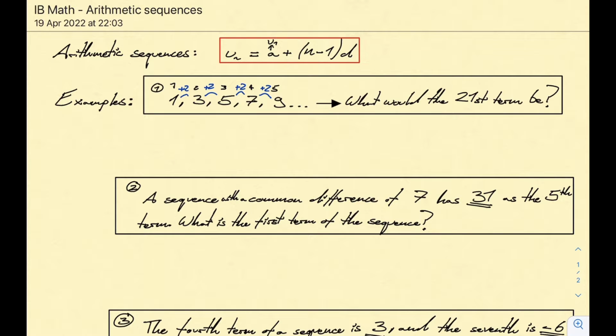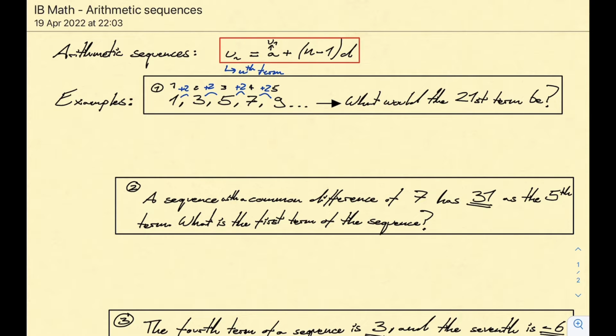Now, there's a general equation or formula for arithmetic sequences, and it's written here. The general formula for an arithmetic sequence states that un is the nth term. In case we wanted to find the third term of a sequence, and notice how the third term is 1, 2, this is our third term.